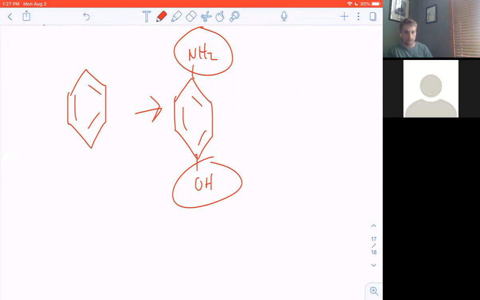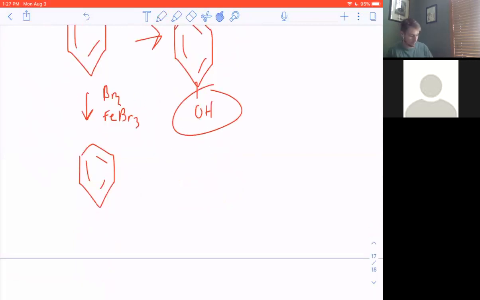The way I'm going to do this is I'm going to first just add a bromine. So this is going to be Friedel-Crafts bromination, I guess. Just add a bromine. I'm going to add it to the bottom just because that's how it's drawn. The next step then is this right here.